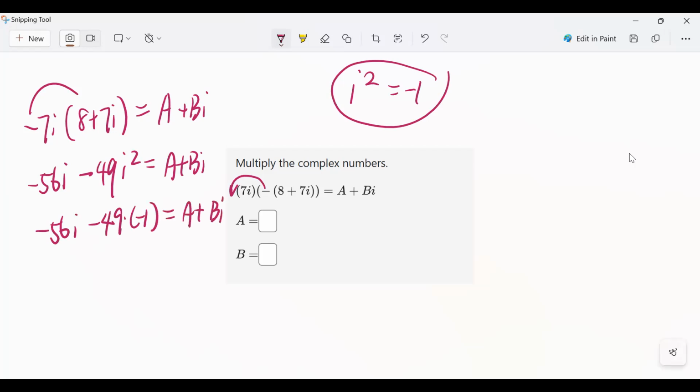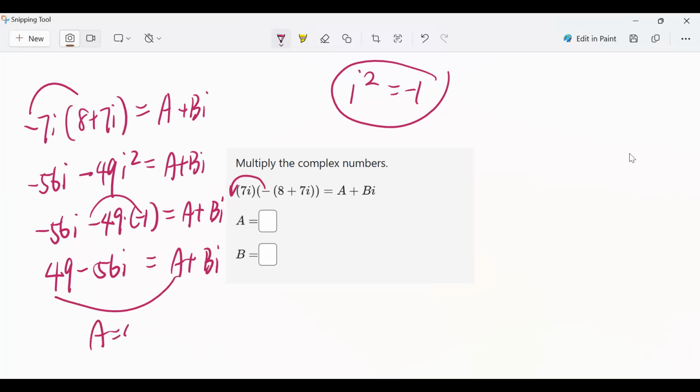And this is 49. So it's 49 minus 56i. So A is 49. B is minus 56. 49 and minus 56.